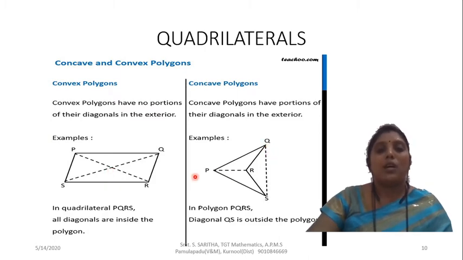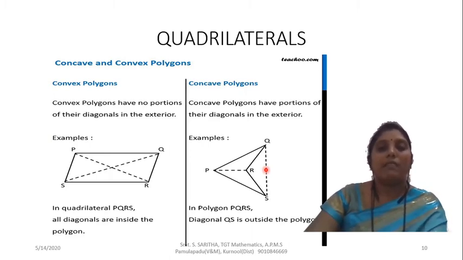Whereas in the other quadrilateral PQRS, the diagonal PR lies inside the quadrilateral, whereas the diagonal QS lies outside the quadrilateral. If the two diagonals drawn in the quadrilateral completely lie inside it, it is called a convex quadrilateral. If a diagonal lies outside the quadrilateral, such a quadrilateral is called a concave quadrilateral.